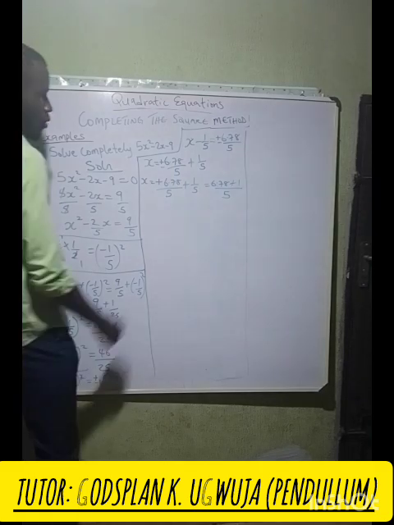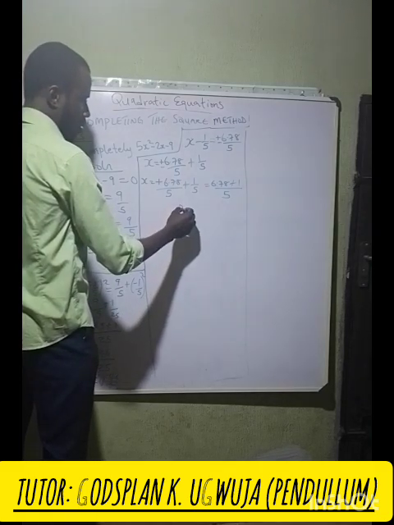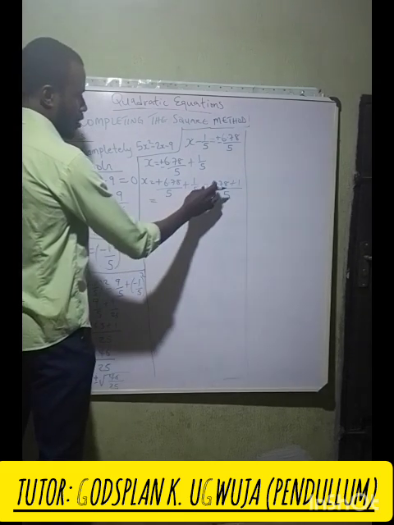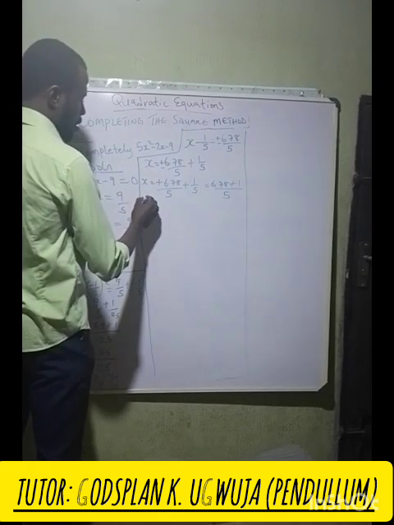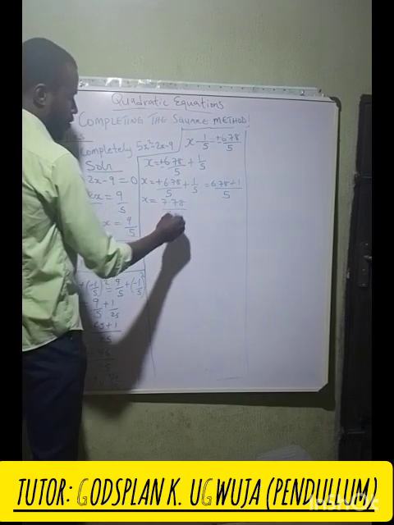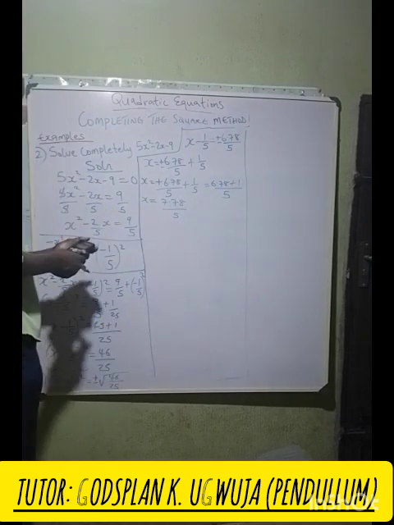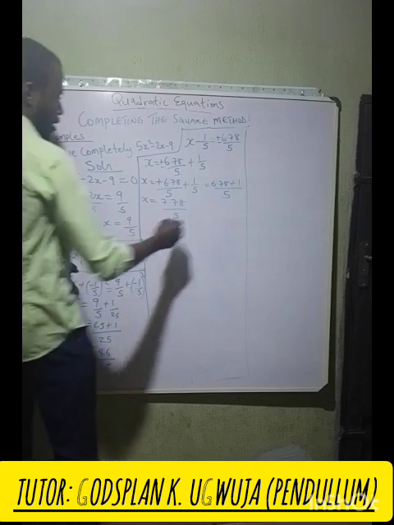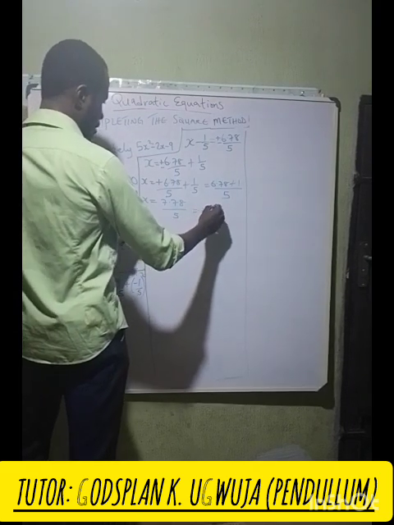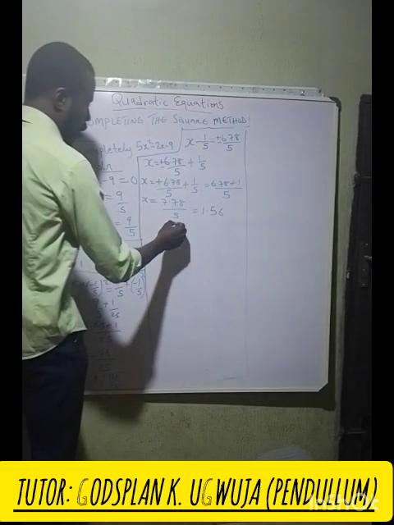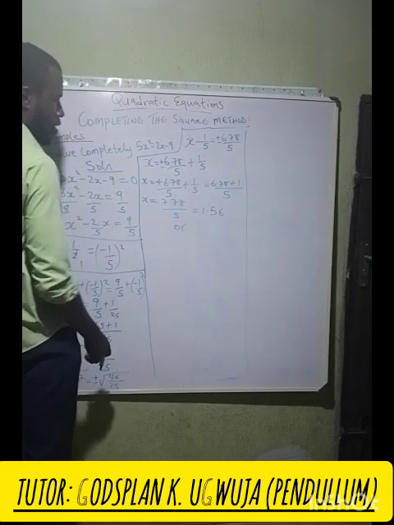So this gives us 6.78 plus 1 is 7.78 all over 5. And if you divide this, 7.78 divided by 5, that will give you 1.56 to 2 decimal places. So this is one answer.